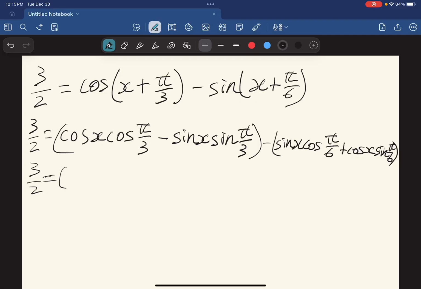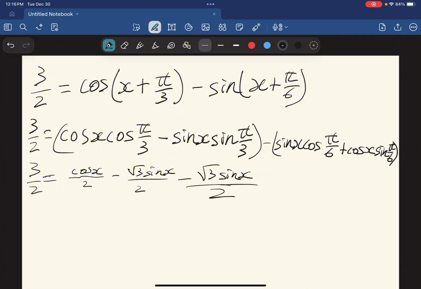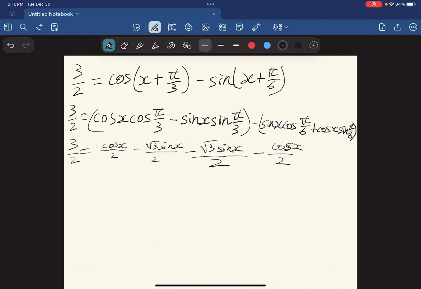So cosine x over 2 minus root 3 over 2 sine of x, minus root 3 sine of x over 2, minus cosine x over 2, I think. Yeah, I'm pretty sure that's right.